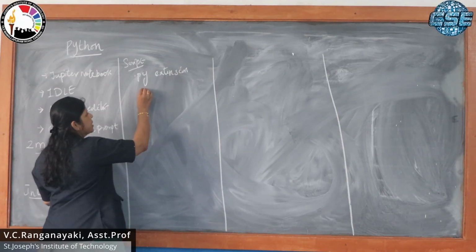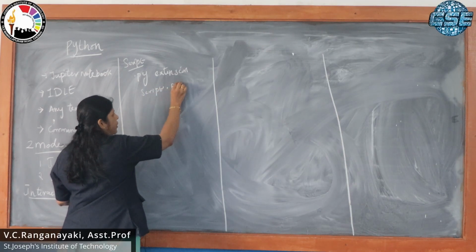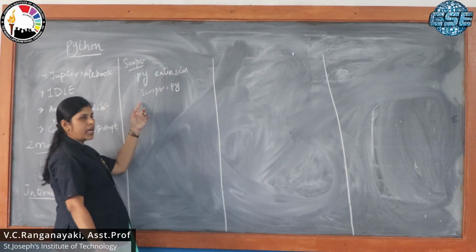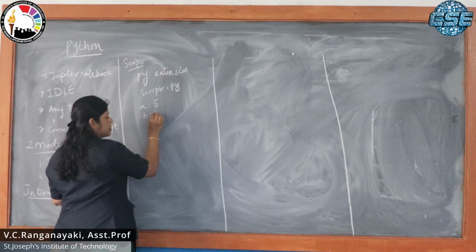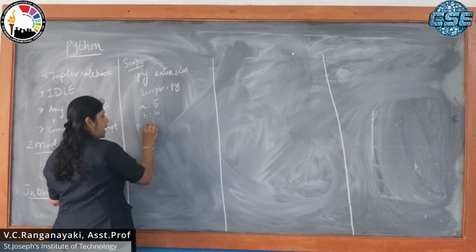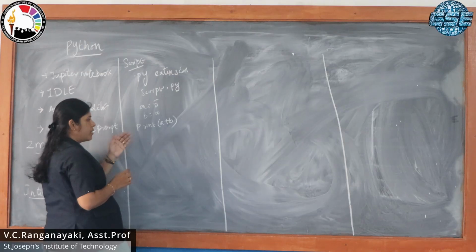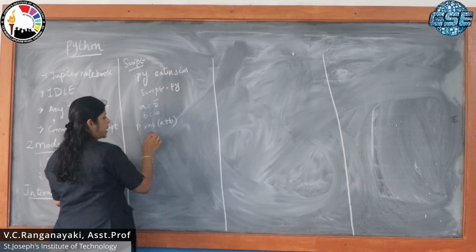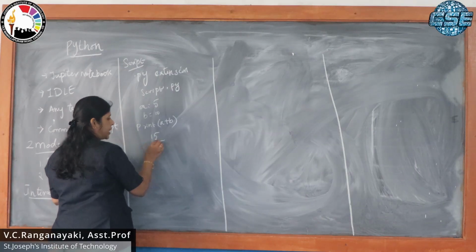For example, I save a file script.py. In that file I write the code A equal to 5, B equal to 10, print A plus B. When I run the code, I get an output of 15.